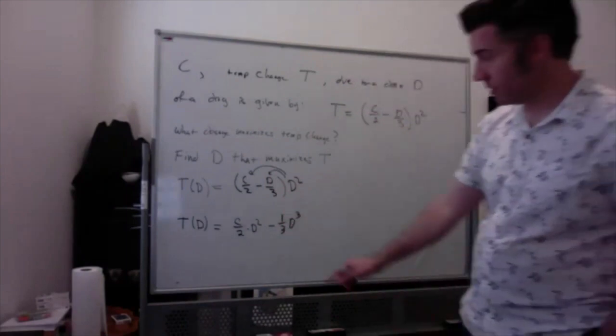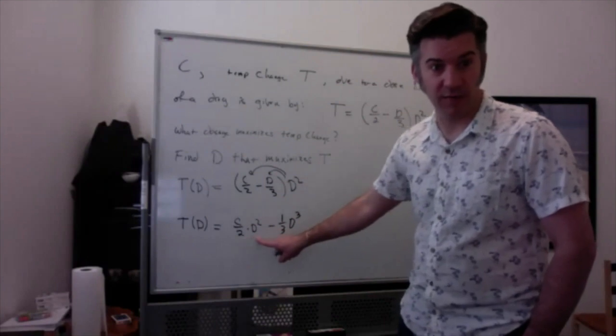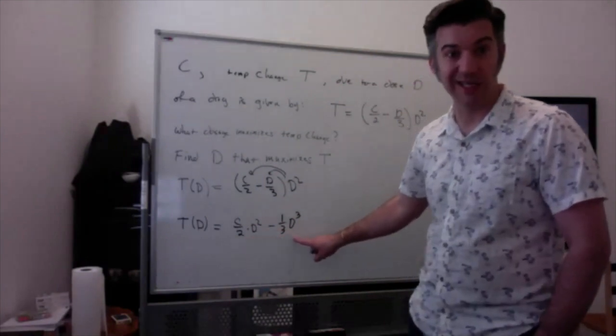So I'm writing it as constants times variables to make it easier to differentiate.